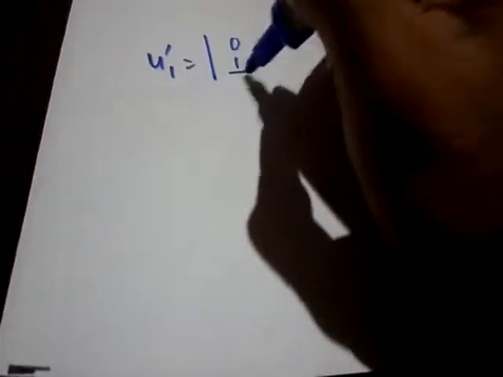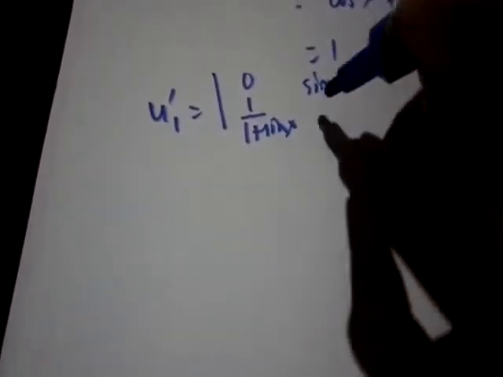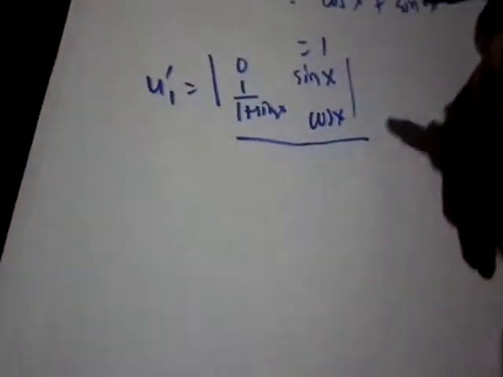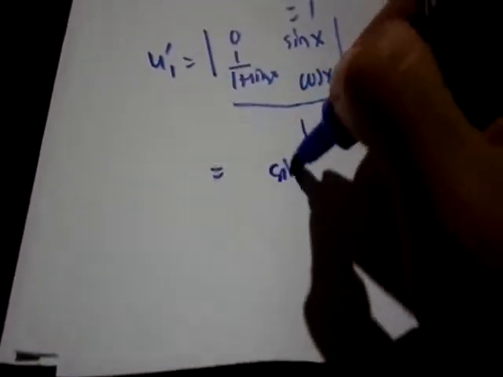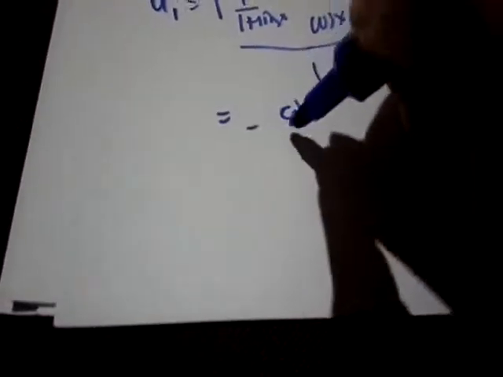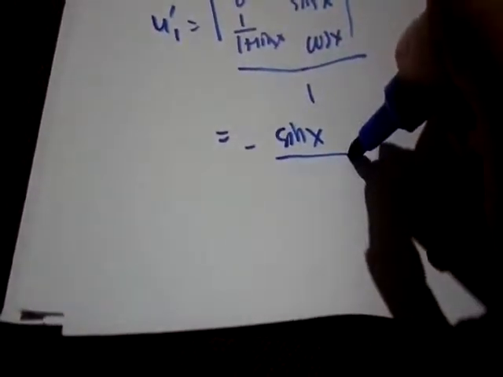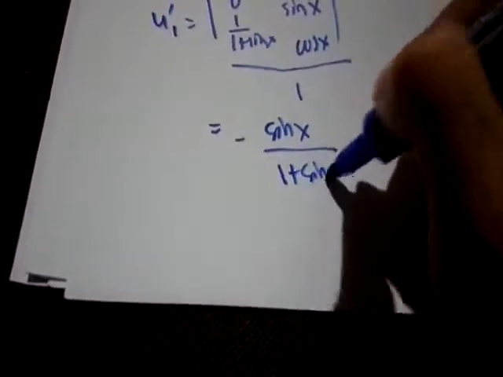Then solve for u1 prime, which is equal to the determinant of 0, 1 plus sine x, cosine x, over 1, which is equal to negative sine x over 1 plus sine x.